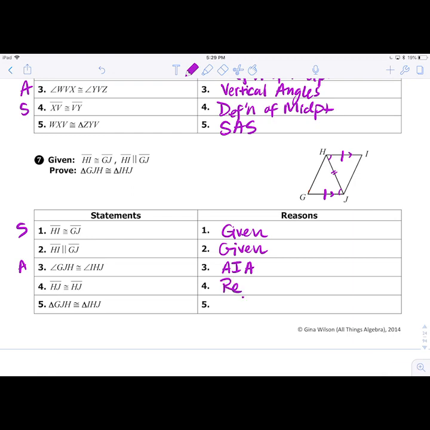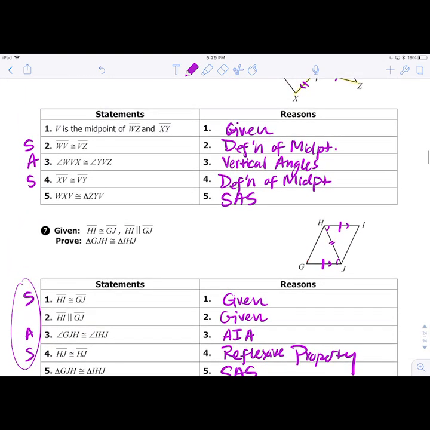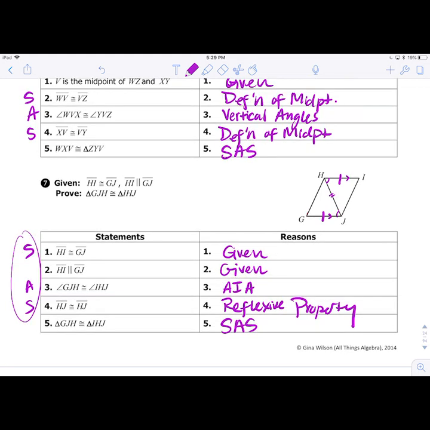That's reflexive property. And there we go. That's SAS for you. All right. Come in with questions on Monday, or maybe watch some other YouTube videos on this. But that is the basics of the SSS and the SAS theorem.